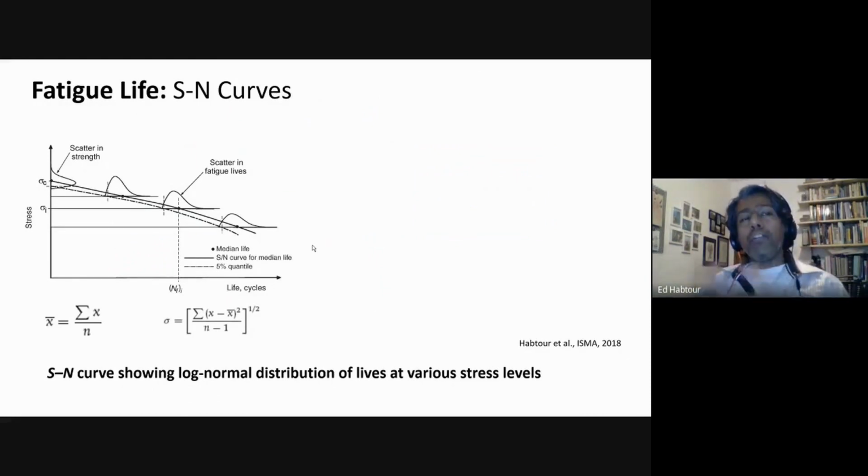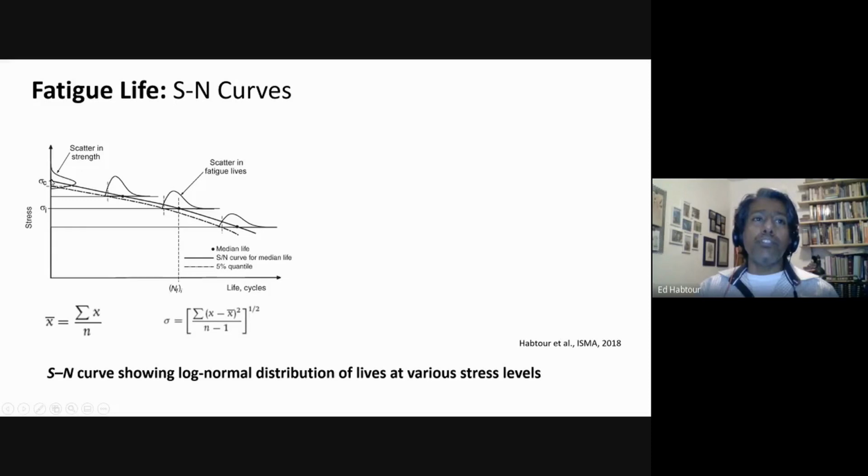Again, I mentioned that there will be some variation in the material quality. There will be some defects, some impurities, some surface imperfections. And because of that, you'll see a variation even within each stress point.